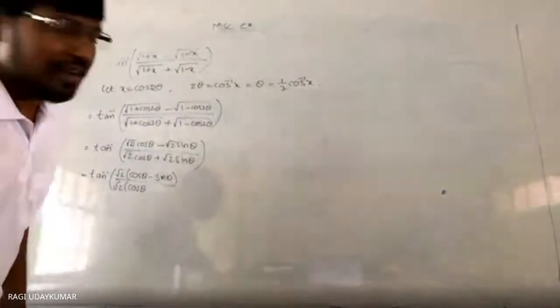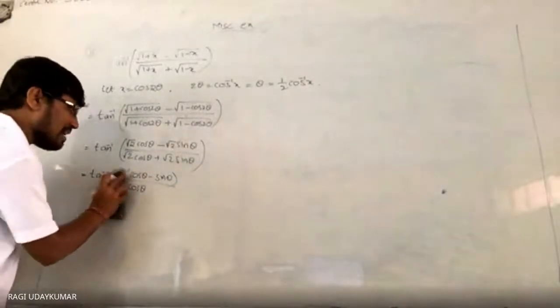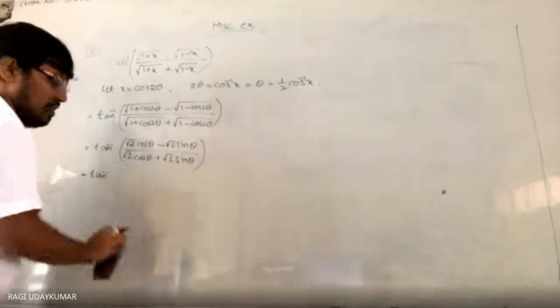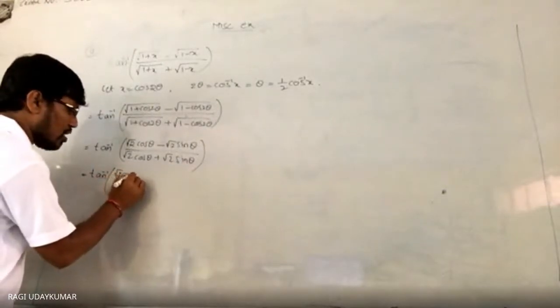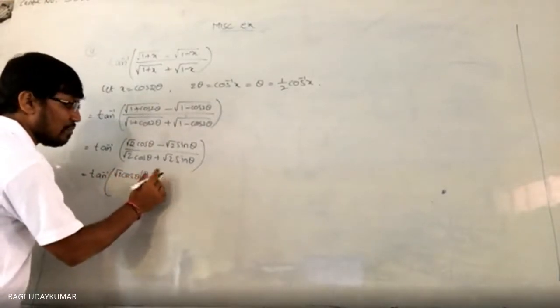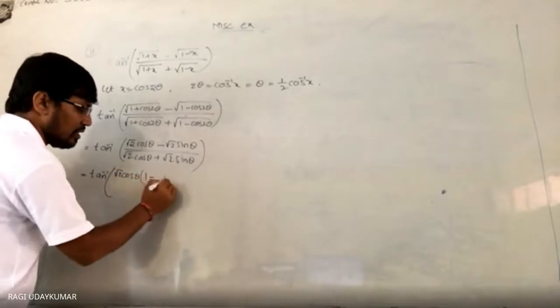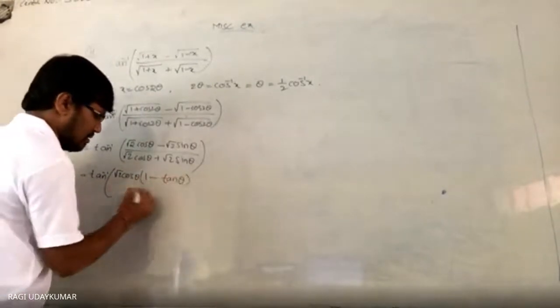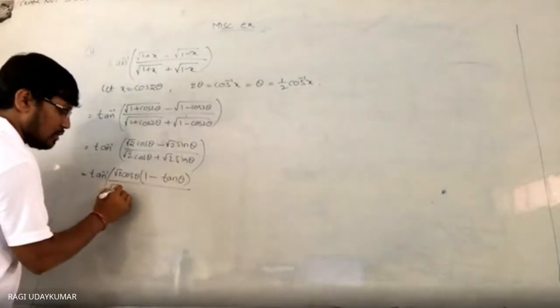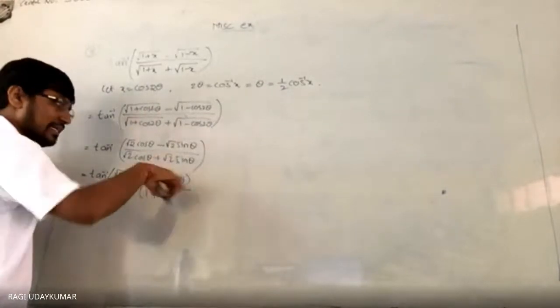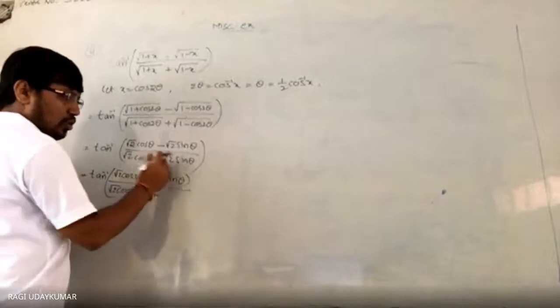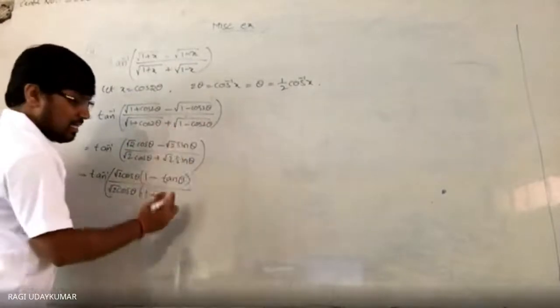Okay, you do one thing. Instead of that, take root 2 cos theta common. Then you will get 1 minus tan theta in the numerator, and in the denominator also root 2 cos theta common, so it will be 1 plus sin theta by cos theta.